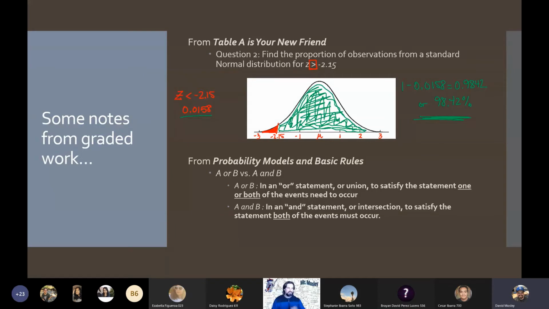That should be a hint that it can't be 1.58%. It must be a larger percentage. It's a visual cue that you may have made a mistake. So any questions about this error that I saw in the Table A is your new friend discussion board?